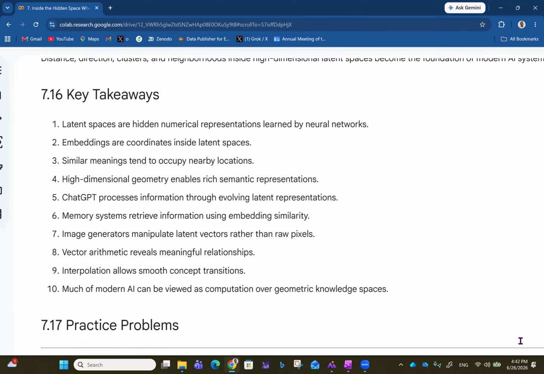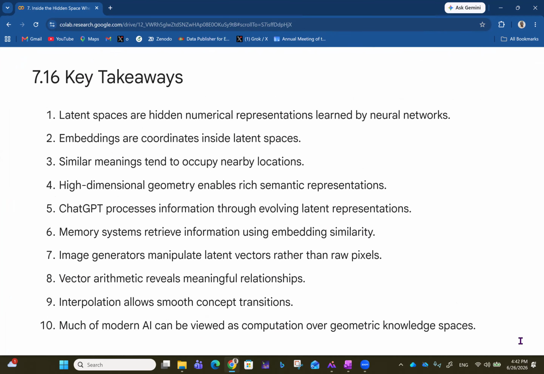So our key takeaways from everything we've been saying are these: latent spaces are hidden numerical representations learned by neural networks. Embeddings are coordinates inside latent spaces. Similar meanings tend to occupy nearby locations. High dimensional geometry enables rich semantic representations. ChatGPT processes information through evolving latent representations.